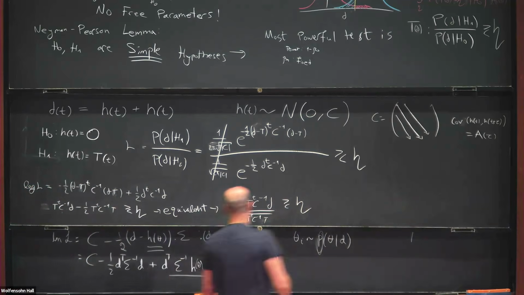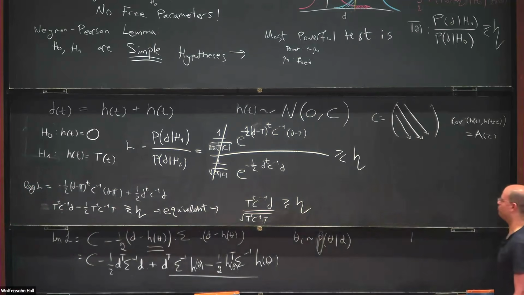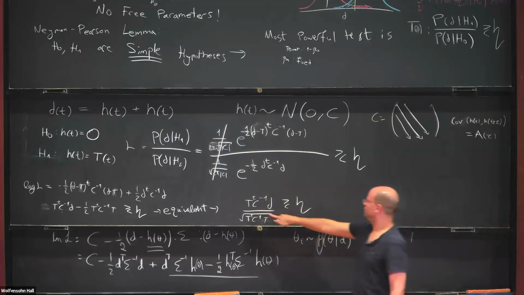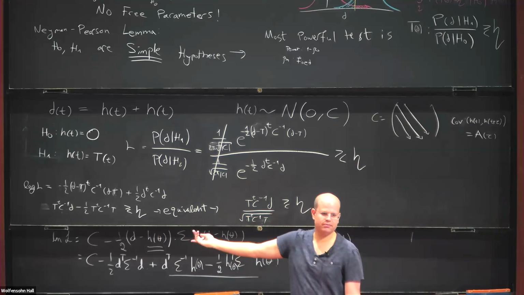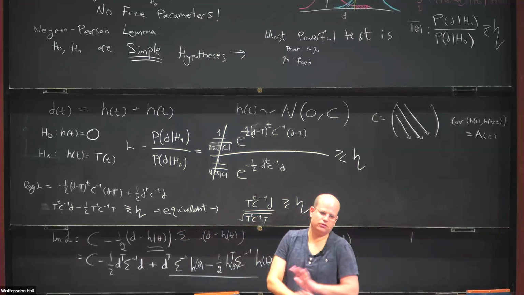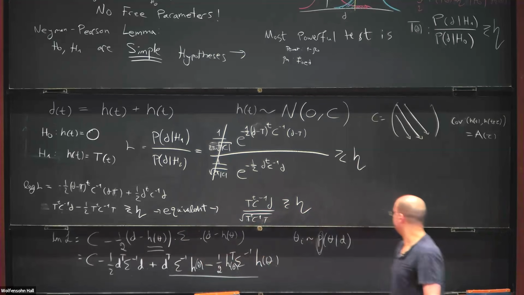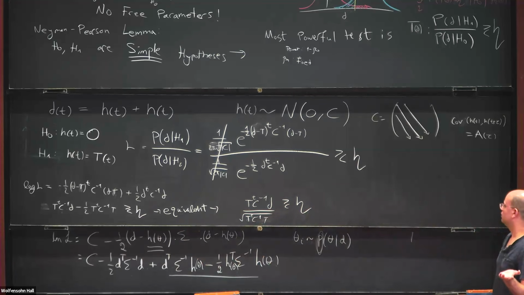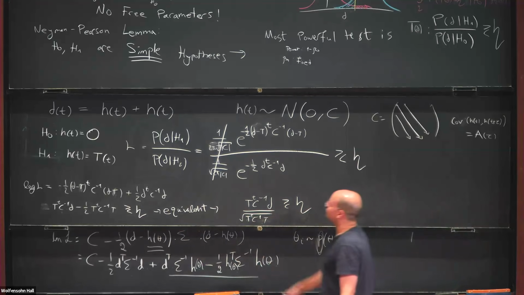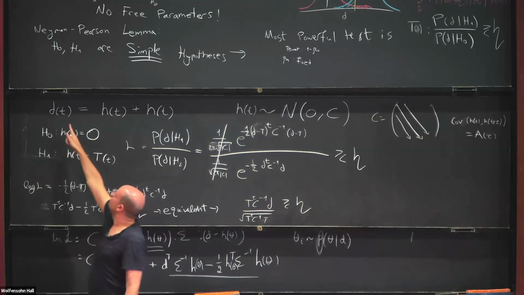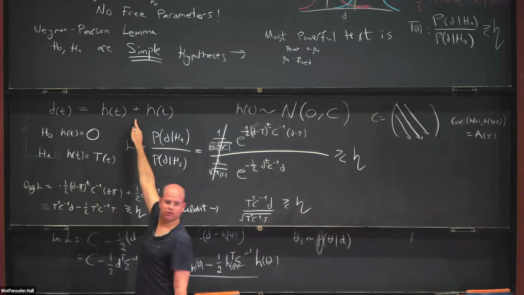Good. So, what are the properties of this particular test? So first of all, Neyman-Pearson guarantees it's optimal. Okay, I should look no further. Second of all, it's very easy to understand what are the statistical properties. So D is a Gaussian variable.